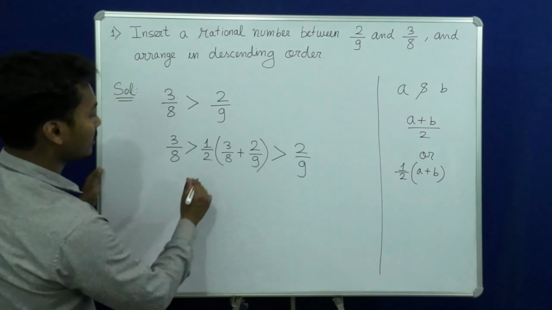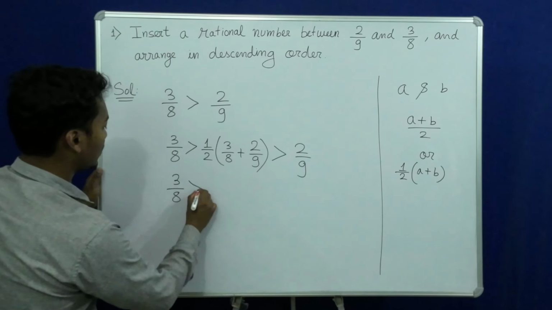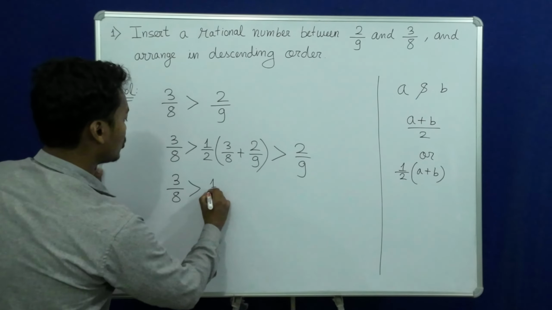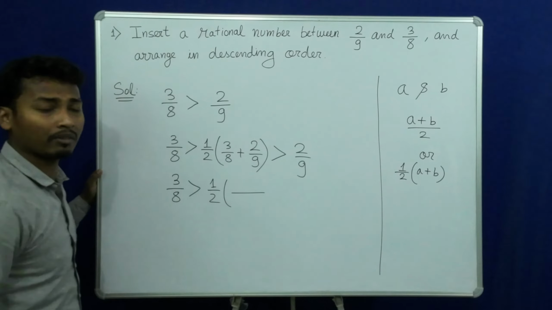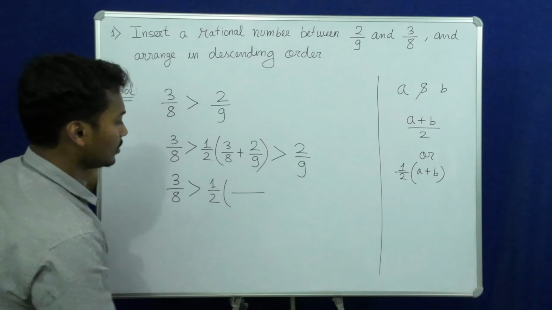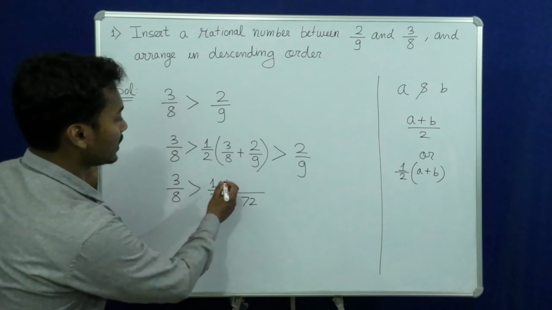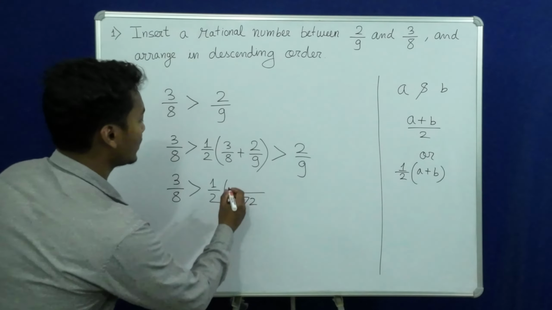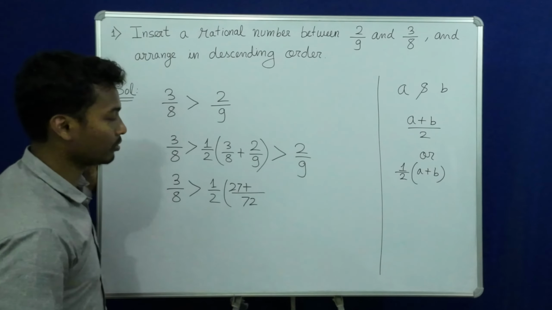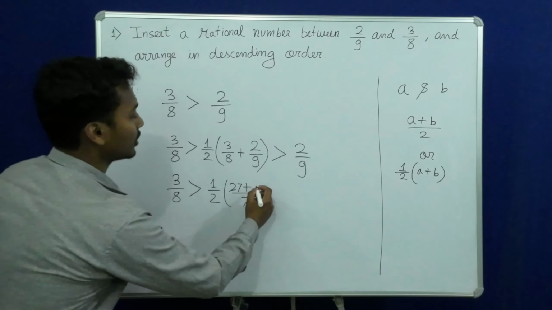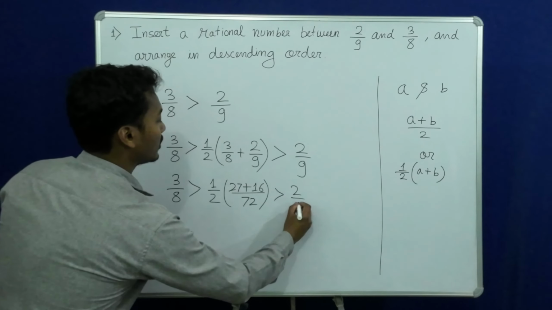Now let's solve it. So 3 by 8 is greater than 1 by 2 of the sum. The LCM of 9 and 8, what can we have? 72, right? Then 8, how many times 72? 9. 9 threes are 27, plus 9, how many times 72? 8. 8 twos are 16.